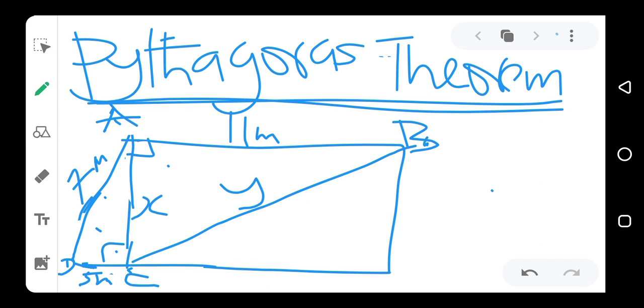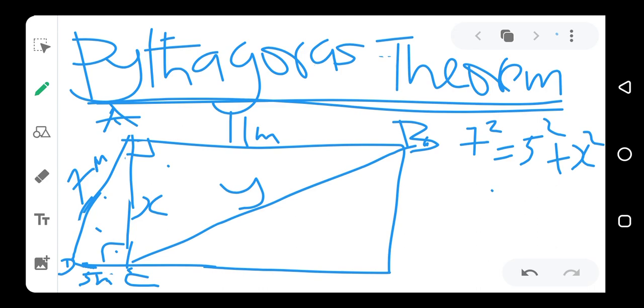To determine AC, which one is the hypotenuse? The hypotenuse is the side that is facing the right angle, which is 7 meter. So you have that 7 squared is equal to the two adjacent sides, 5 squared plus x squared.